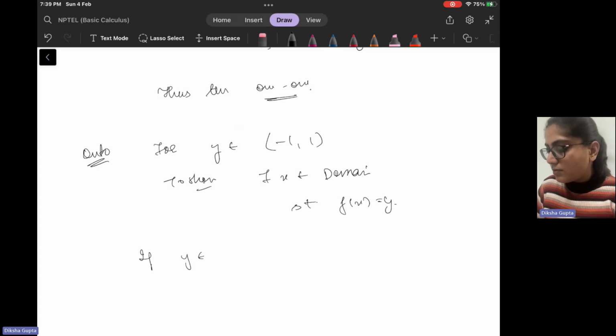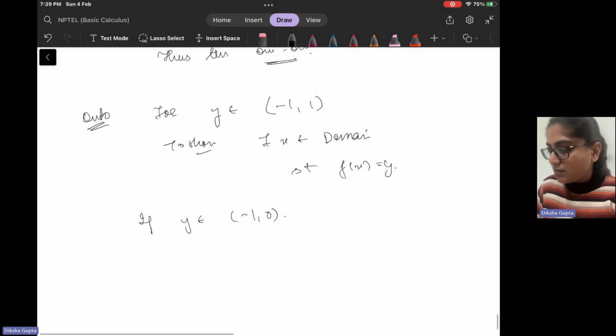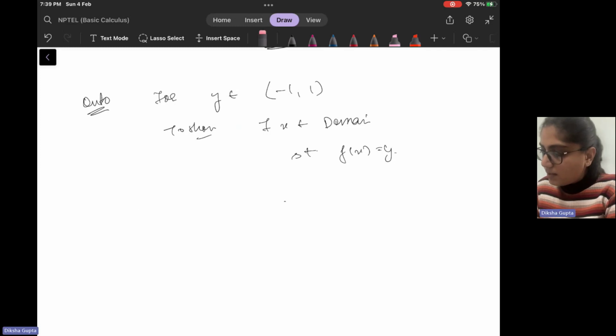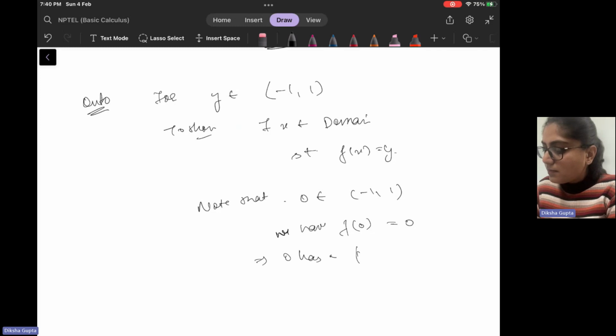I'm not including 0 just to avoid it, because note that 0 belongs to minus 1 to 1, and f(0) equals 0, which implies 0 has a pre-image.